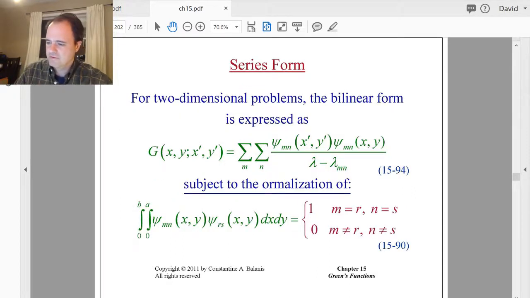For two-dimensional problems, the bilinear formula is very similar, except now you have a double summation, and you will have more eigenvalues. You'll have eigenvalues that depend on the indices m and n. All right. Of course, they have to satisfy the same boundary conditions. They have to be normalized. Everything you would expect.